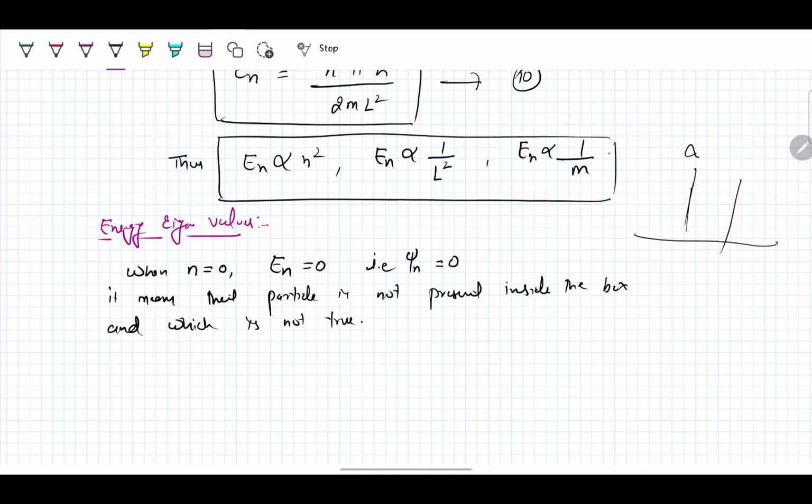We have already defined this: infinite heights and non-penetrable walls. So the particle should be inside the box, but when n is equal to 0, we get energy equal to 0, the wave function is 0, and then the particle is not present inside the box.